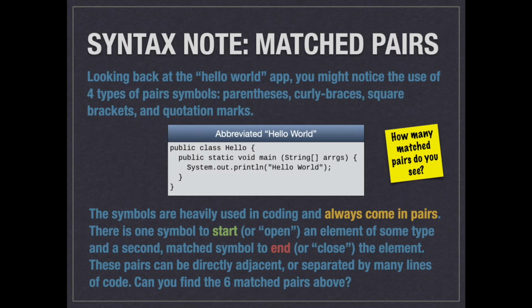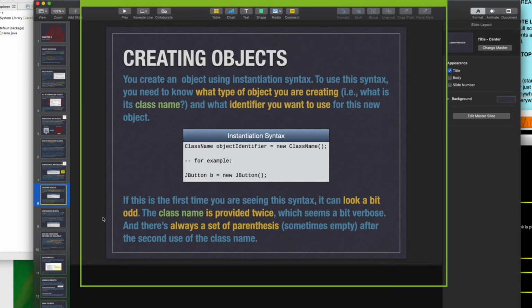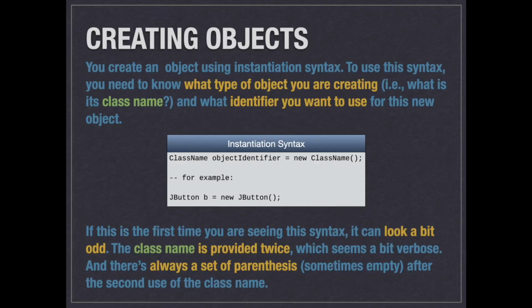So we're moving on to the syntax for creating objects. I've already mentioned this, but the syntax is to use the new keyword. New is a reserved word in Java. New is the keyword that triggers instantiation.